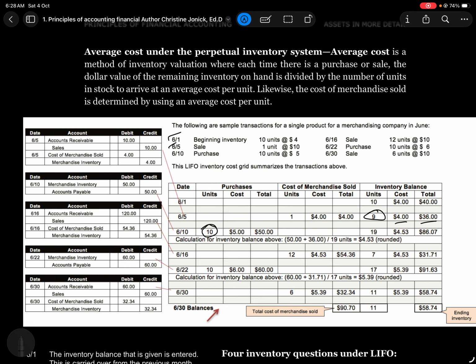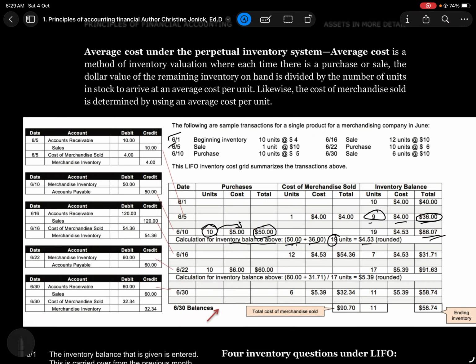You purchase 10 units at $5.50. So the inventory balance would be 50 plus 36 divided by 10 plus 9, and you would get 4.53. So that would be your costing.